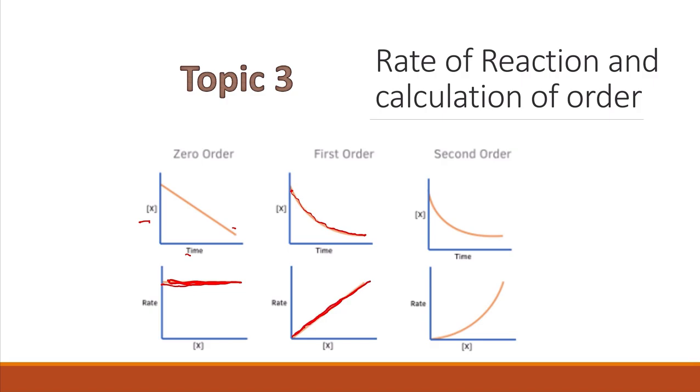So it's a straight line for the rate against the concentration. Second order, we're going to have a curve like this, which means that the rate is directly proportional to the square of the concentration.